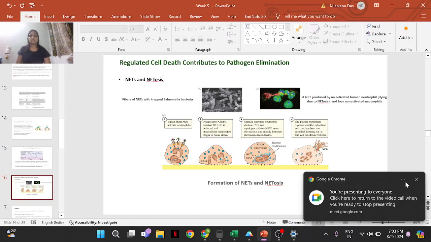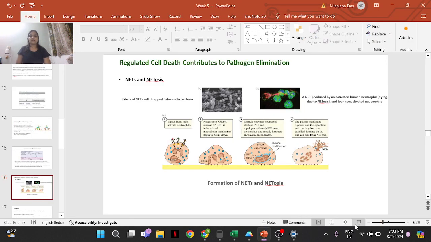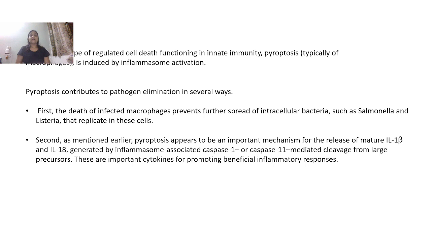So another type of regulated cell death is this pyroptosis, which typically occurs in macrophages, and it is induced by inflammasome activation.